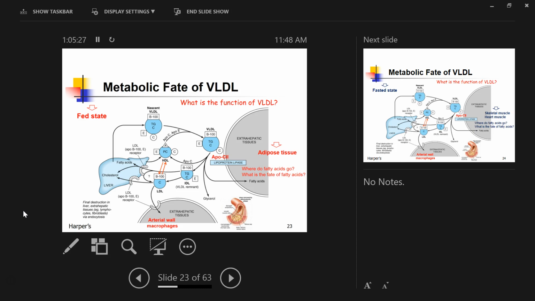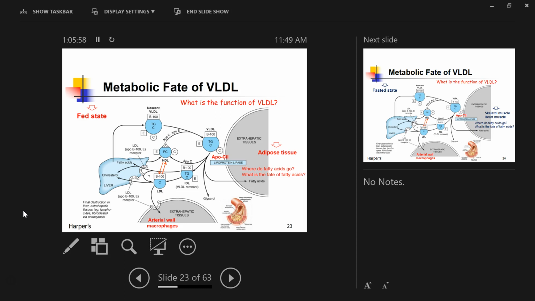So again, under the fed condition, VLDL is transported to adipose tissue, and the fatty acids picked up from the triglyceride in the VLDL are usually resynthesized to triglyceride and stored in the fat tissue.